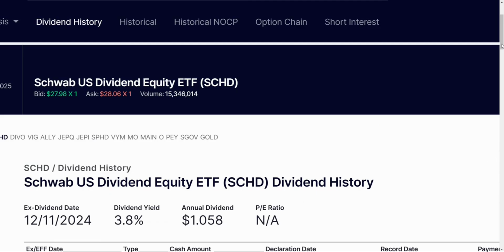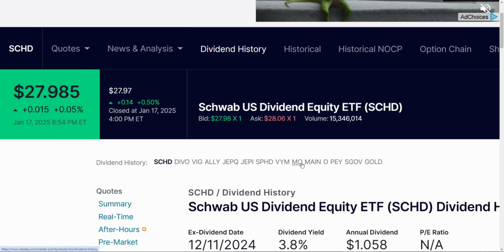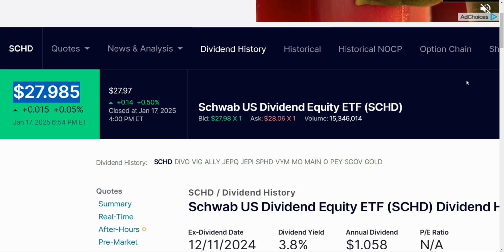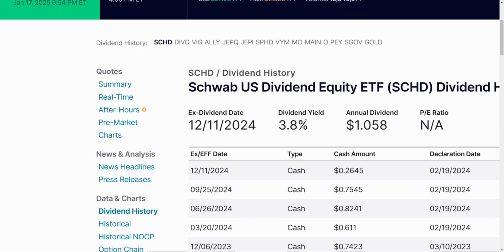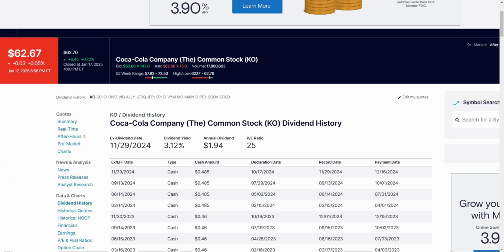So the dividend yield is computed from taking that annual dividend that they pay you and simply dividing it by the current share price. So in other words, for every dollar that you invest in SCHD, you're going to be getting every single year right now a dividend yield or a payment back of 3.8%.